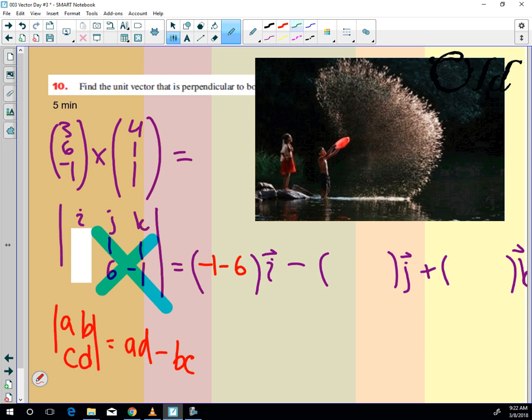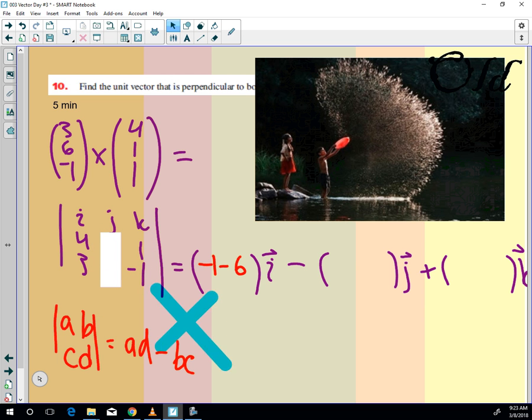Yes, negative 7. Now, when we shift to the J here, this X doesn't really work because you kind of have to go 1 over to here and then minus, it's confusing. So what we do is we just do the big X here. 4 times negative 1 is negative 4 minus 3.